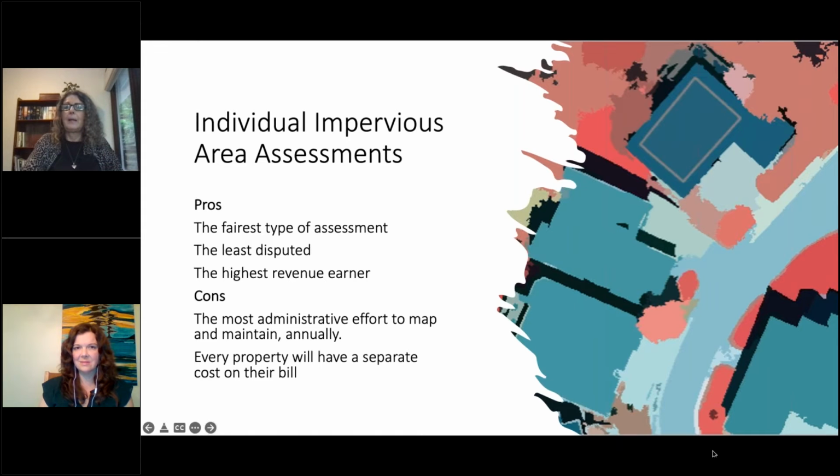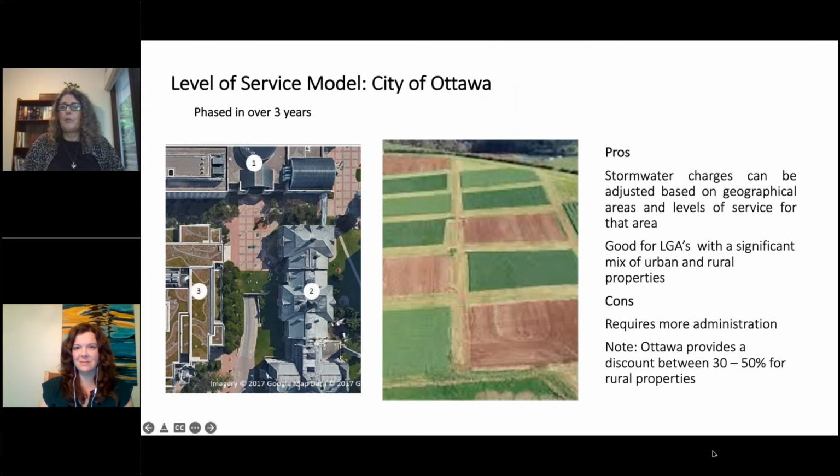So that is actually my preferred one, just because of the revenue that it will raise, and it is by far the fairest.